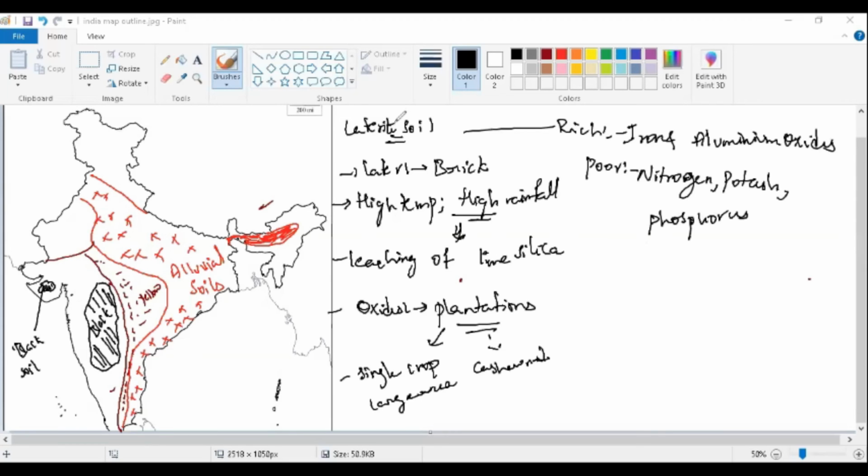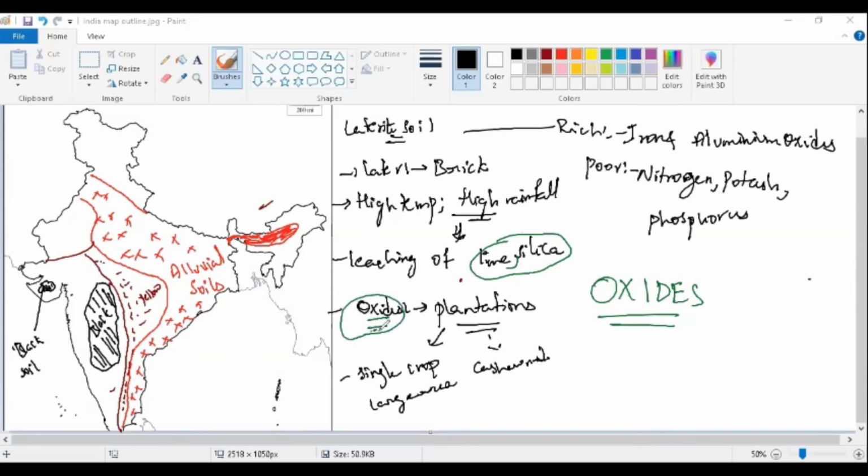After leaching of lime and silica, you have written something about plantation. Could you please tell this again? Oxides. What's the logic behind it? See, the important minerals will be leached away. These are actually dominant in that region, lime and silica. They get leached away because of erosion of the topsoil. They are left out with oxides.